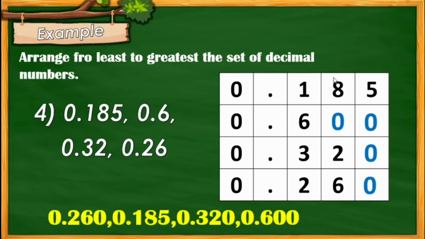So this would be 185,000. This would be 185,000, 260 thousandths, 320 thousandths, and 600 thousandths. So this would be example number 4.